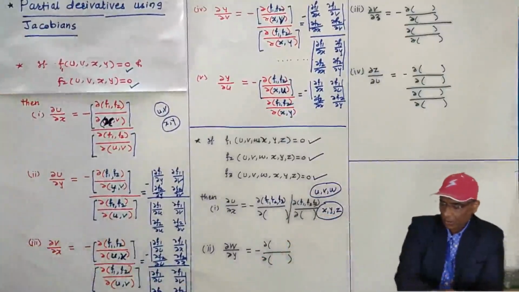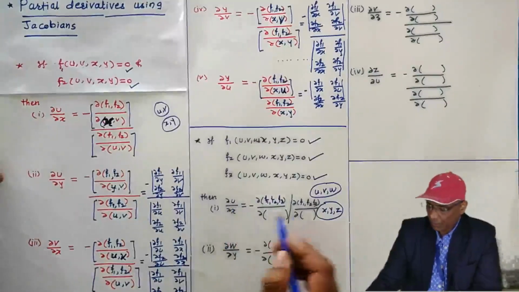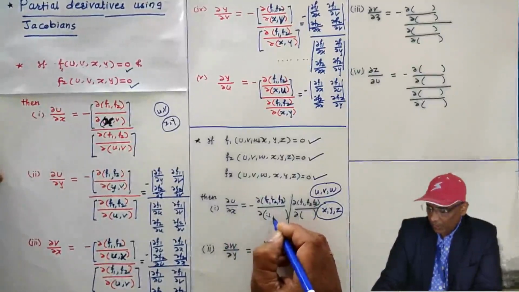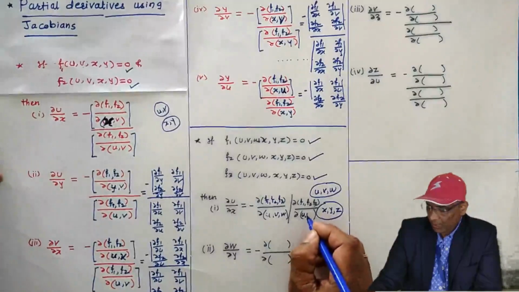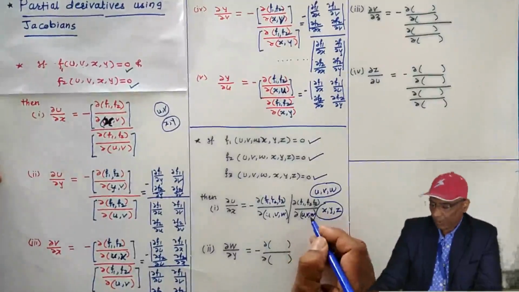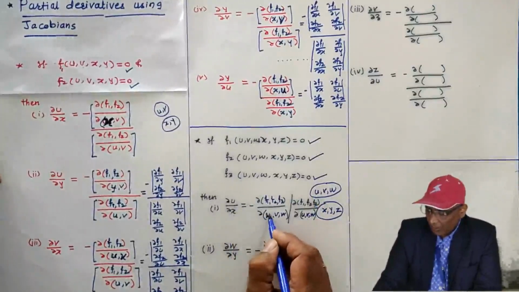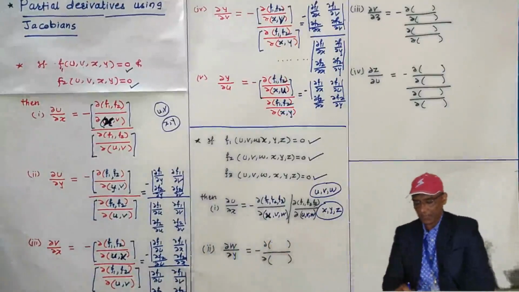Now, u is present in the numerator. U comes under the group of u, v, w. So write down u, v, w. Now correct the formula. Replace u by x in the numerator Jacobian. Now this has become the formula for del u by del x.